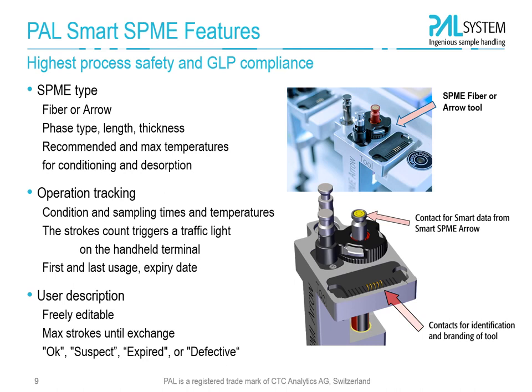During the use of the fiber or the arrow, some operation parameters are recorded to track the usage and provide a measure for preventive maintenance. These are the set temperatures, number of samples, and also the time of usage. There's also an expiry date available.